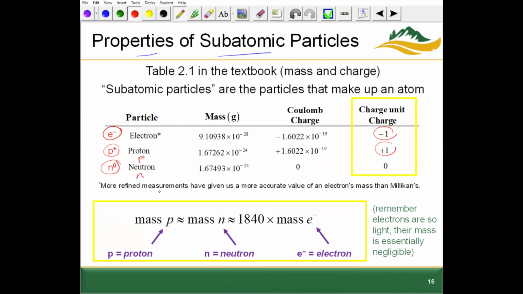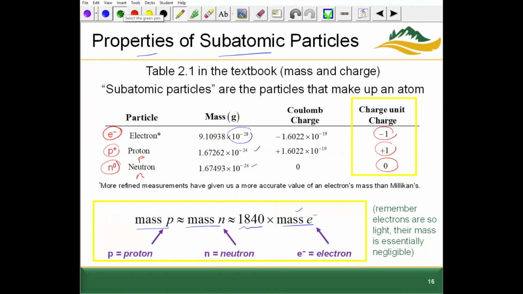Same with the proton. Neutrons are neutral, they have no charge. What else is important here? The mass of an electron is so much lighter than the mass of protons and neutrons. Moreover, the mass of a proton is approximately equal to the mass of a neutron, which again is much, much greater than the mass of an electron, roughly 1,800 to 2,000 times greater in mass compared to the electron.